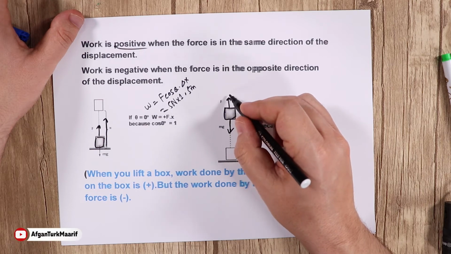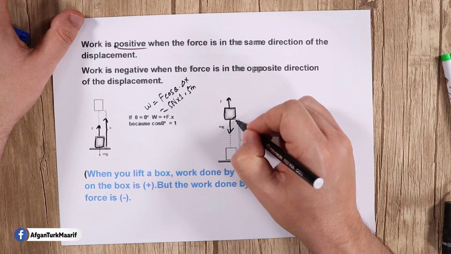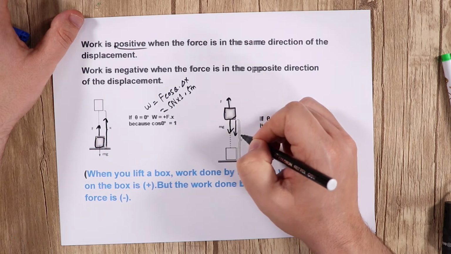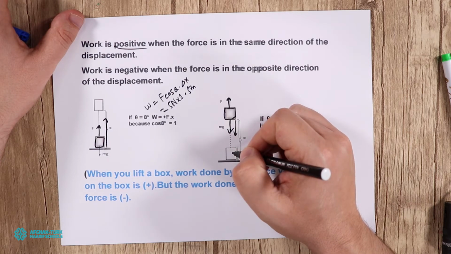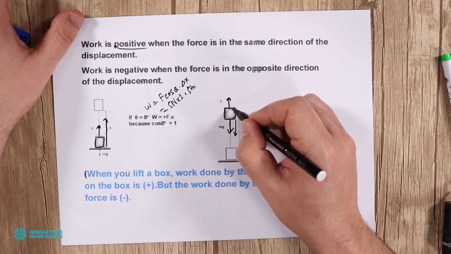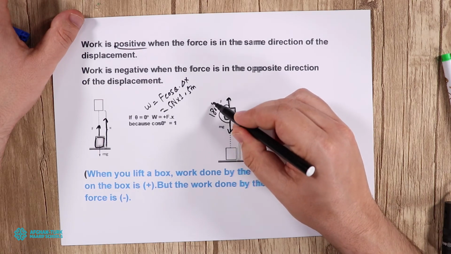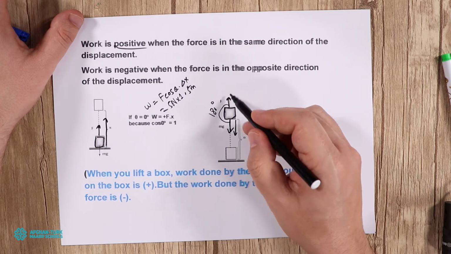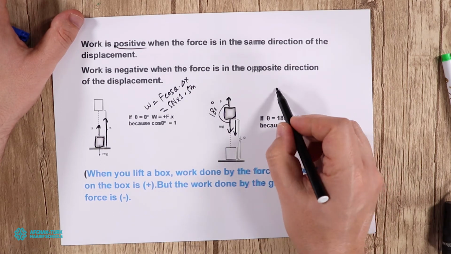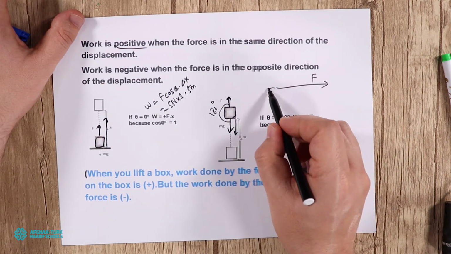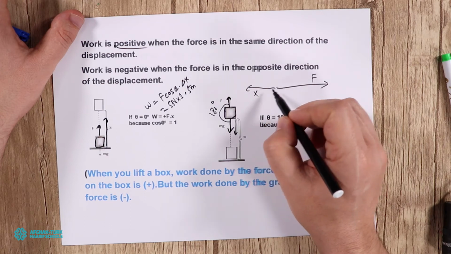We apply the force upward but the motion starts downward, so the displacement is covered in the opposite direction. The force is applied in one direction but the displacement in another, like both are anti-parallel.